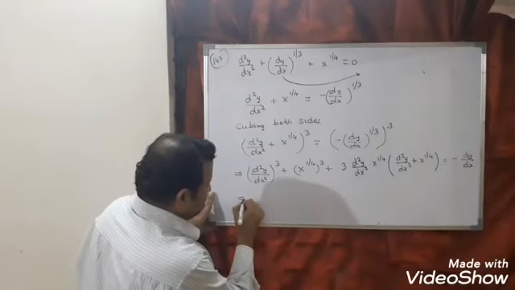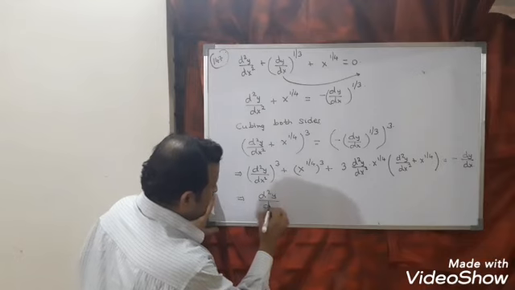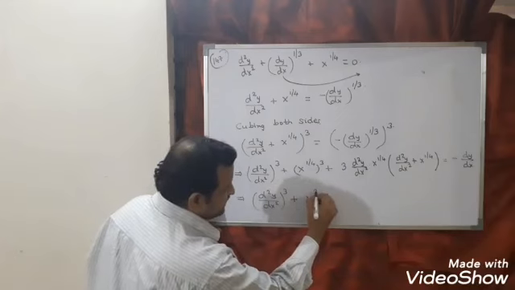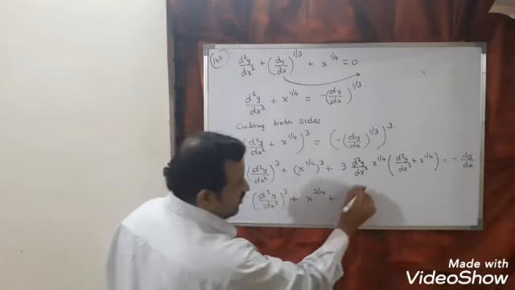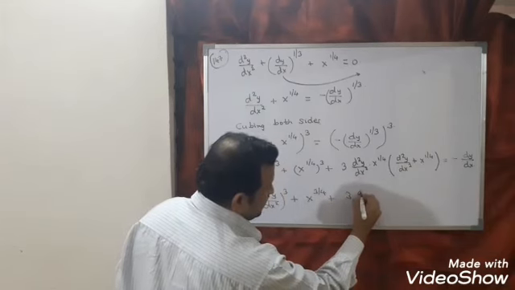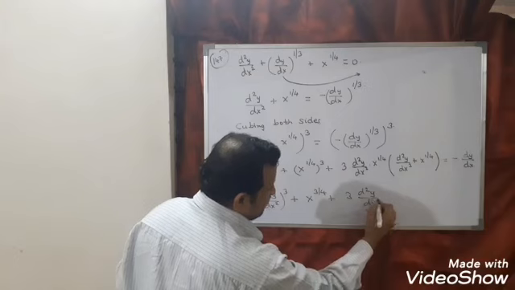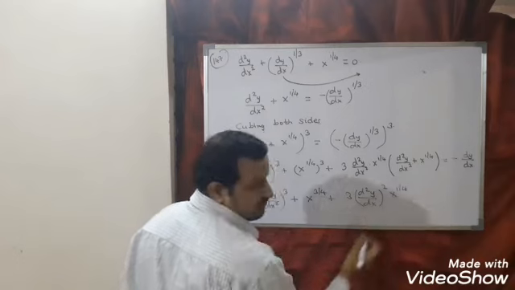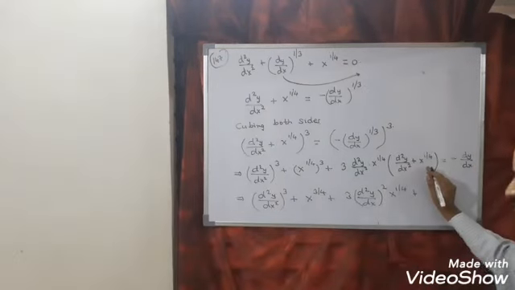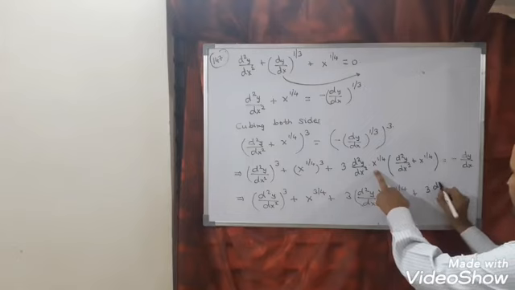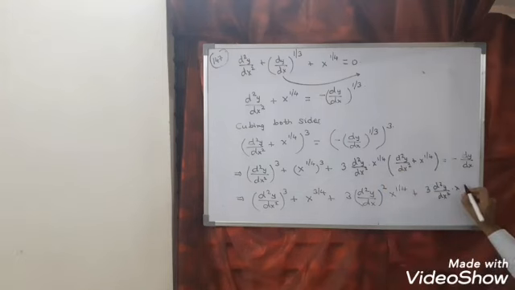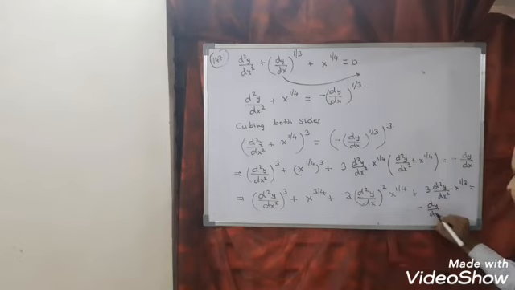So finally I can say this we can write as d square y by dx square cube plus x to the power 3 by 4 plus, now you multiply this and this, what you will get? 3 d square y by dx square, you will get square, and this x to the power 1 by 4, plus, multiply this term with this, so you will get 3 d square y by dx square x to the power 1 by 4 plus 1 by 4, it is 2 by 4, which is 1 by 2, is equal to minus dy by dx.